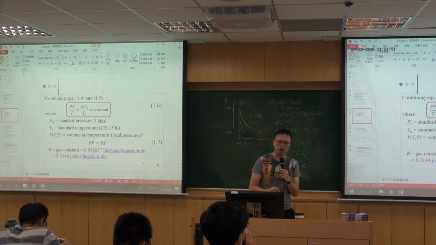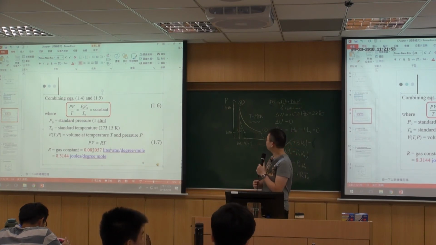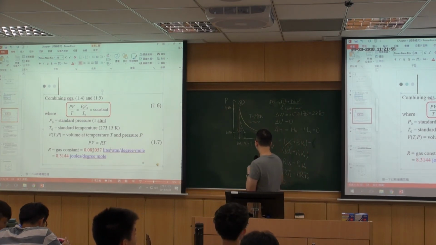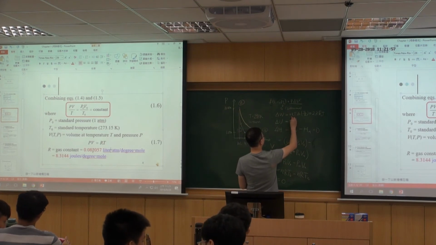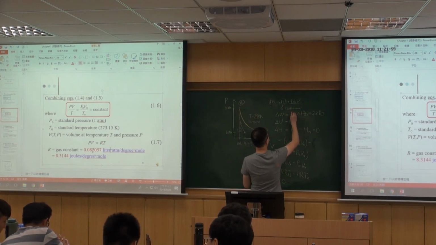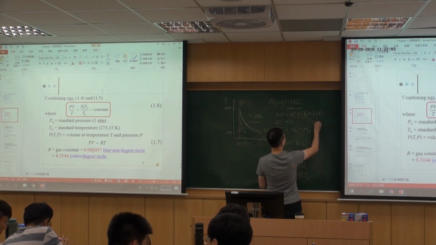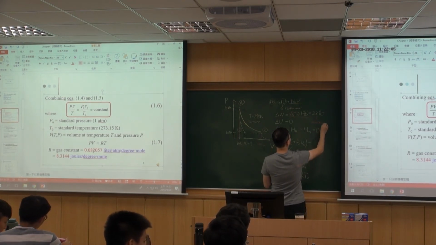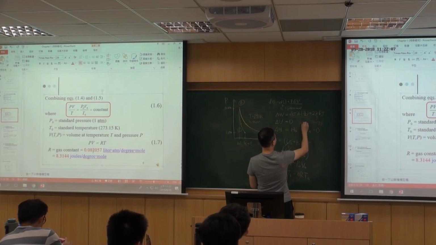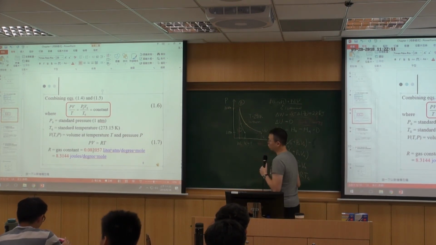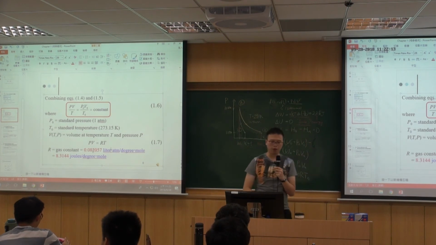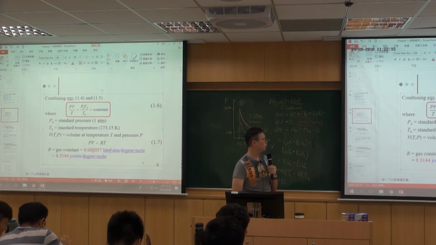If we're trying to calculate energy using this term, then the R we use has to give an energy, right? And it has to be in joules. So we have to use 8.314 to calculate.